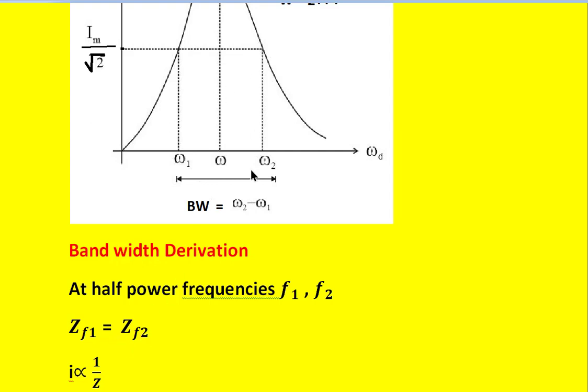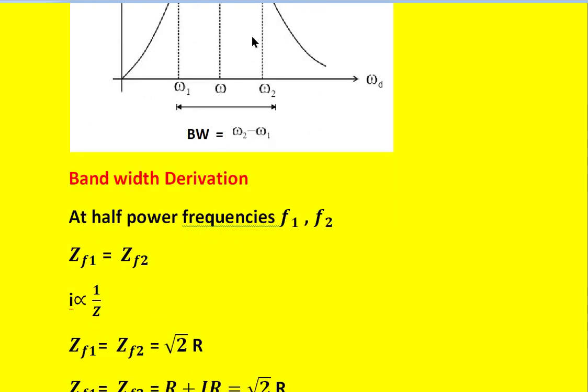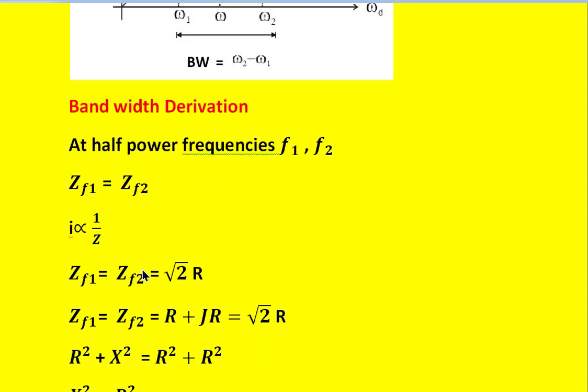Since the current is the same, the impedance must be the same for an applied voltage which is constant. Then at half power frequency we can say ZF1 is equal to ZF2 is equal to root 2 R, and this can be written as R plus jR.